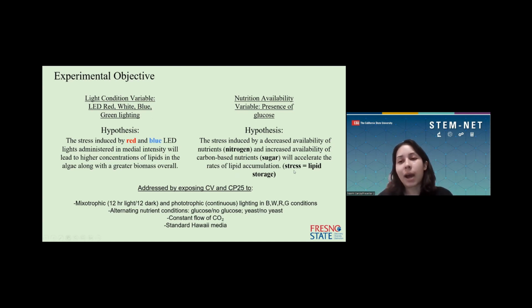This is essentially happening because the algae cells start to really stress out and panic when they realize that the media they are suspended in doesn't have enough nutrients. So they will store as much energy as possible to supplement for this. In order to address these hypotheses, we will be exposing two strains, the CV and the CP25, to all of these variables and standards, specifically using standard Hawaii media, since it already addresses the nutrient availability factor by not having the nitrogen suspended within.